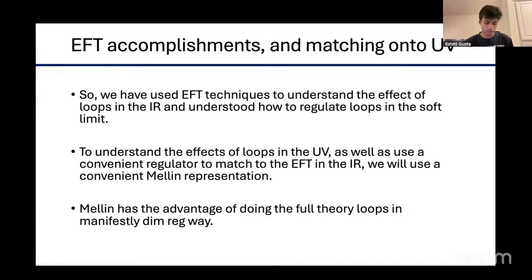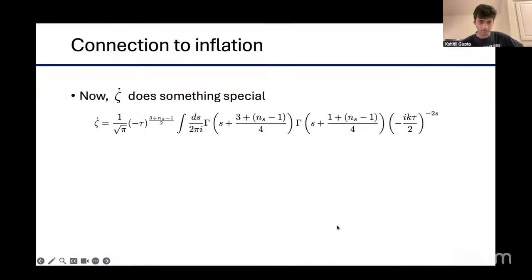Just to give a quick overview, Mellin is a scheme that we've introduced in our paper, where we do loops in the full theory from the sub-horizon to the super-horizon modes, and it regulates loops in a manifestly dim-reg way. But I will skip the Mellin representation part.